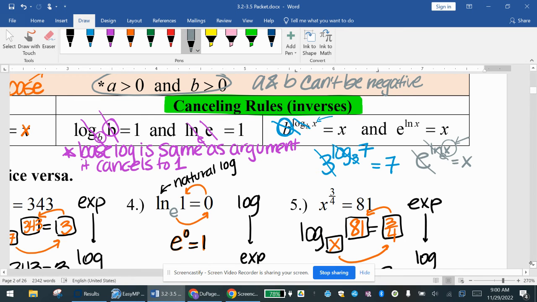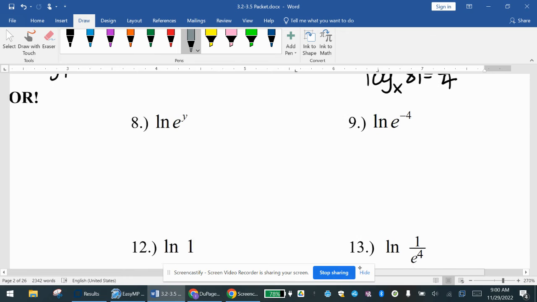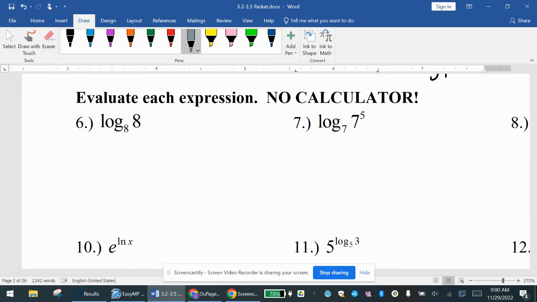When the heck would we ever use this? Well, let's take a look. Evaluate each expression without a calculator. Hey, the base of the log matches the argument, that equals 1. The base of the log matches the argument, so that equals 1, but then you still have the 5.